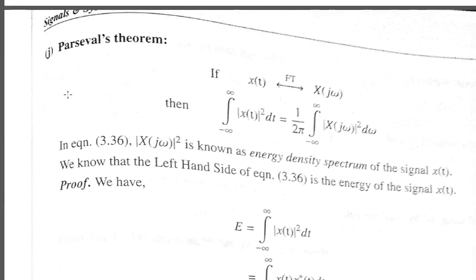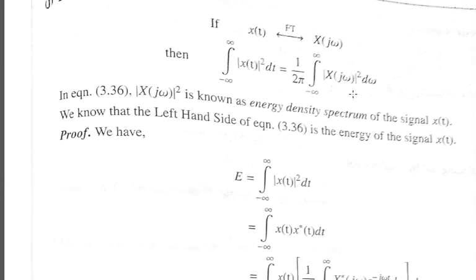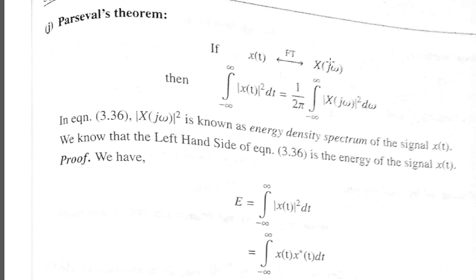Then the next one is Parseval's theorem. We are all familiar with Parseval's theorem. If x(t) and X(j omega) are the time domain and frequency domain pair, then integration from minus infinity to plus infinity of |x(t)| squared dt is equal to 1 by 2 pi integration from minus infinity to plus infinity of |X(j omega)| squared d omega.